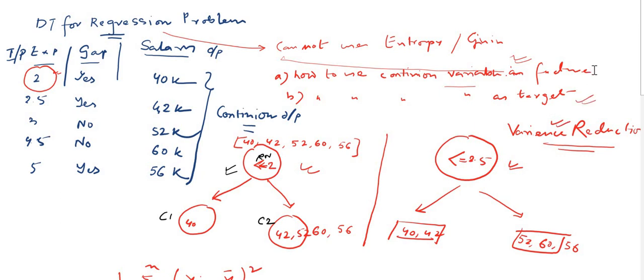The variance reduction part we described is related to the first one, and when we are calculating the average, that is related to the second one.